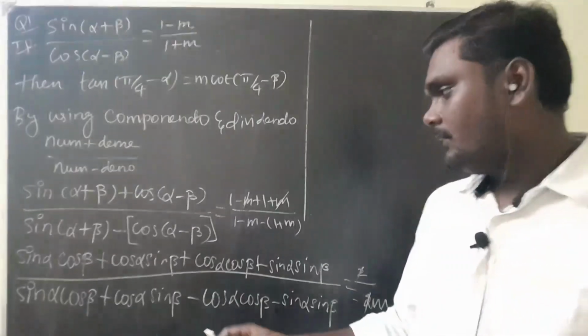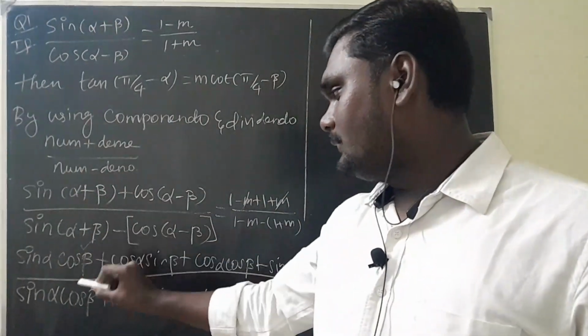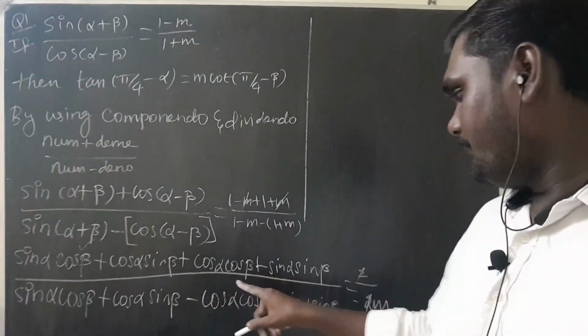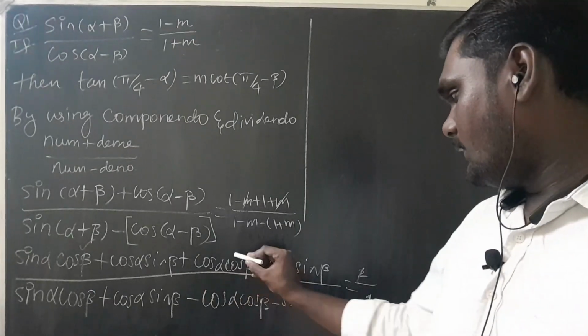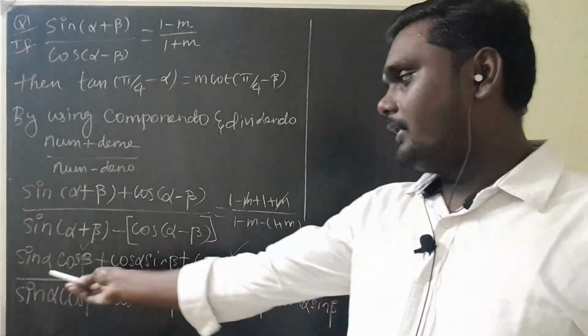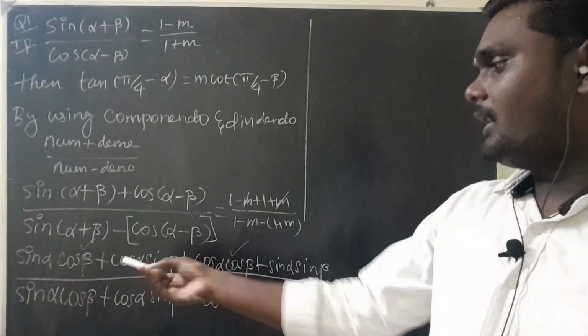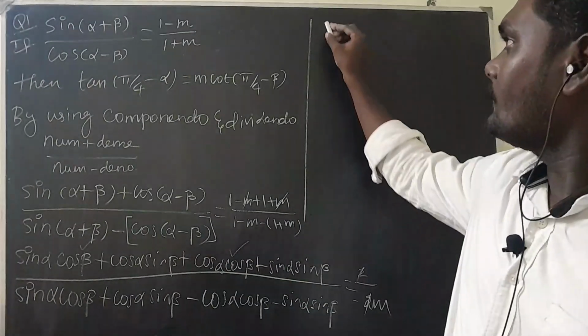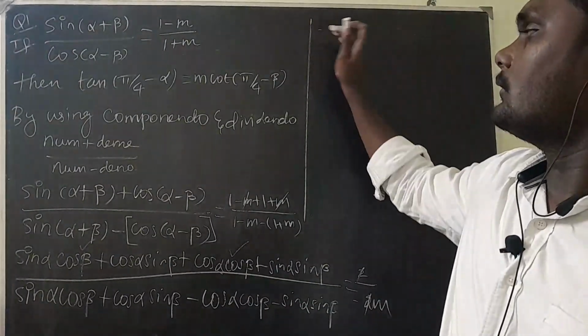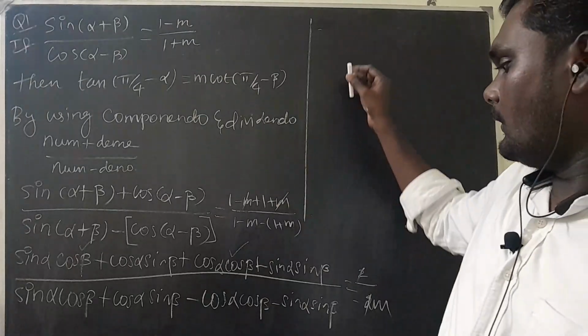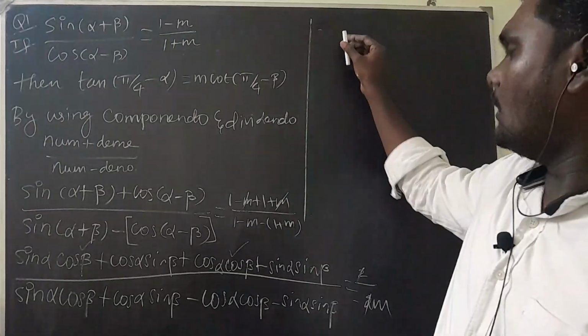Now think of it, from this term sin alpha cos beta and the same, see, this term, from this term and this term, what can be taken out as common? Cos beta we can take out common.